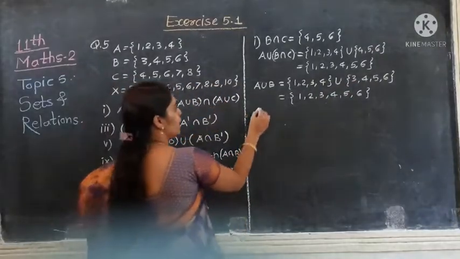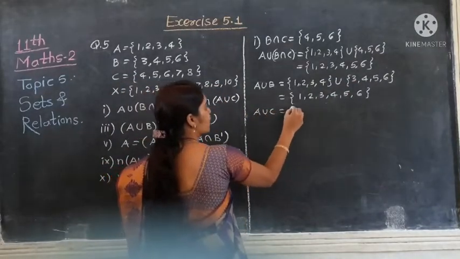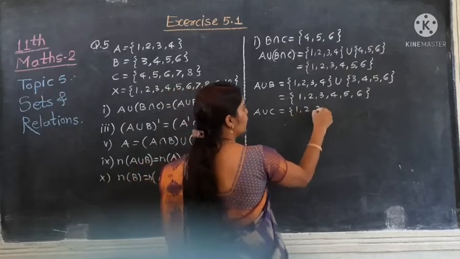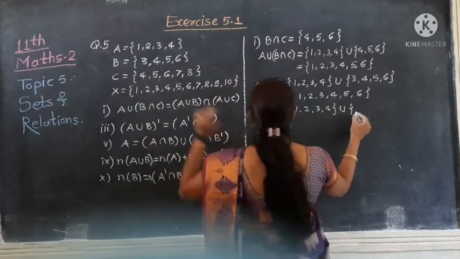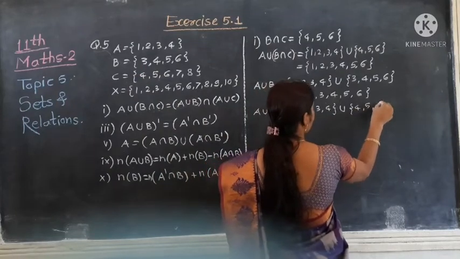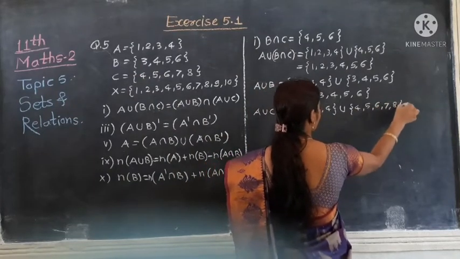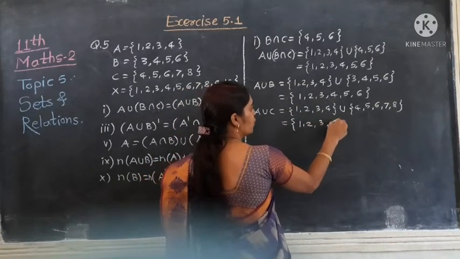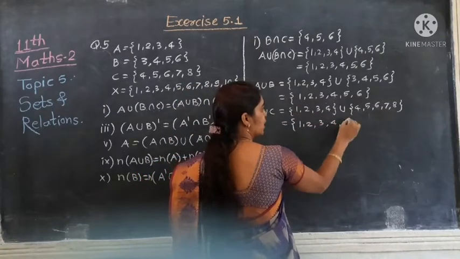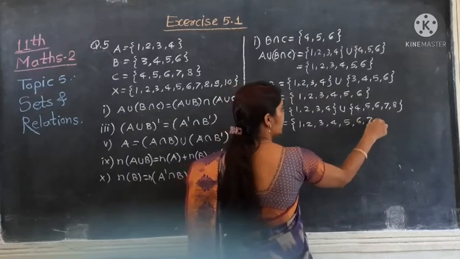Next you find A union C. A is 1, 2, 3, 4. Union. What is the set C? 4, 5, 6, 7, 8. So the union is 1, 2, 3, 4, 5, 6, 7 and 8.